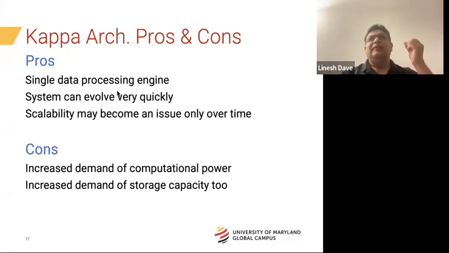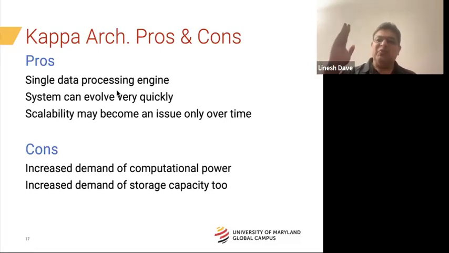So that's why your computation power demand increases, because irrespective of what type of data it is, you're treating it as real-time data. So you are making your system work, maybe unnecessarily at times, because you could be just consuming only batch data, yet you're using a powerful real-time channel to bring in the data.